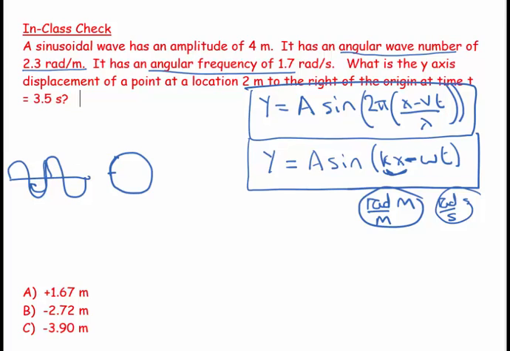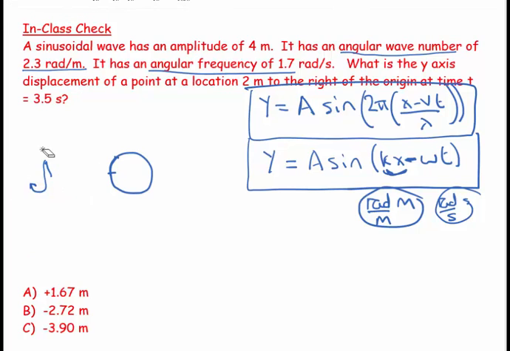You're looking at the effect of your position on your y displacement, and then modifying it by the effect of time. If the wave is traveling to the right, then what will happen at your point of interest can be seen by looking to the left along the wave. We're doing the same thing here, but in angular terms.